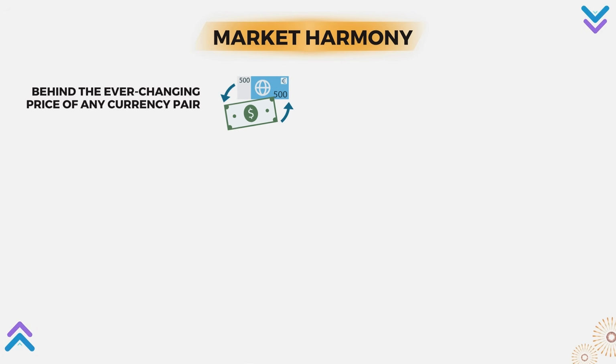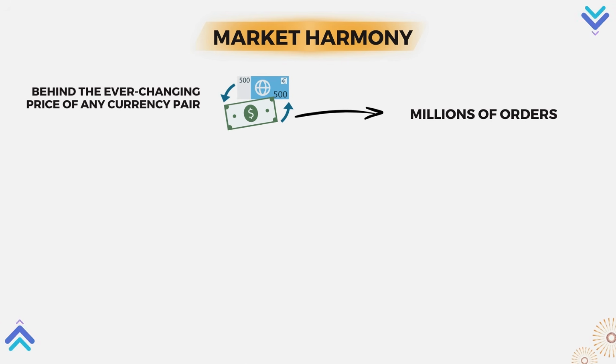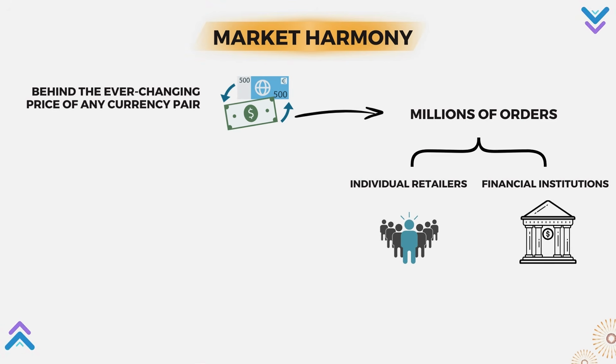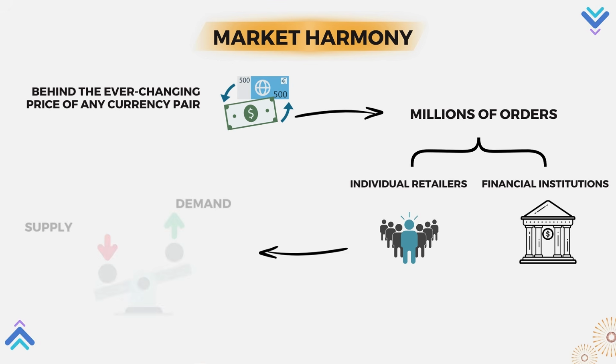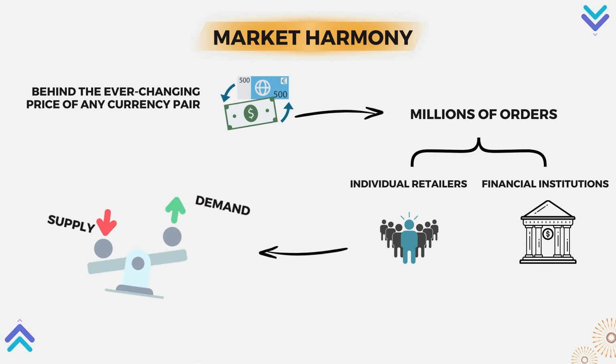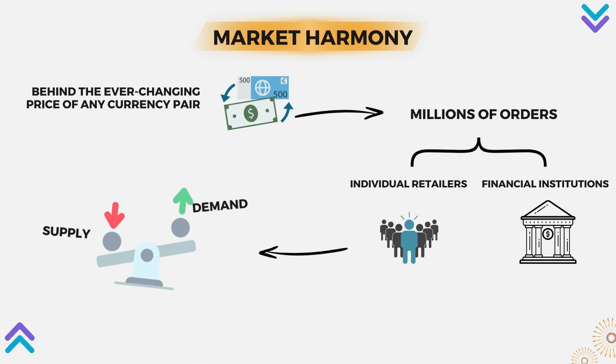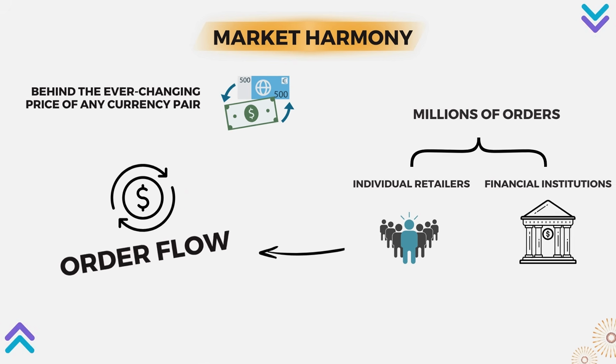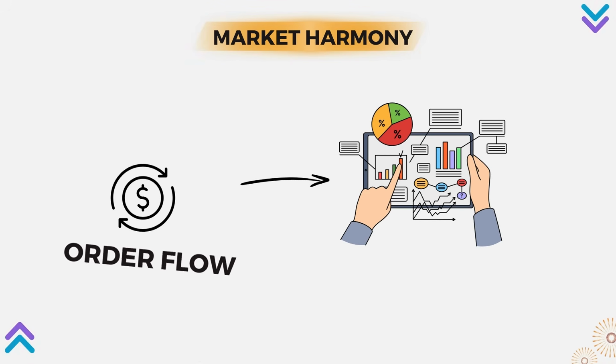Behind the ever-changing price of any currency pair, millions of orders are executed by a diverse range of participants, from individual retailers to large financial institutions. This activity creates imbalances in the supply and demand of the currency pair. These behaviors and participations also generate the order flow of a currency pair, which is what prints the price action on our charts.